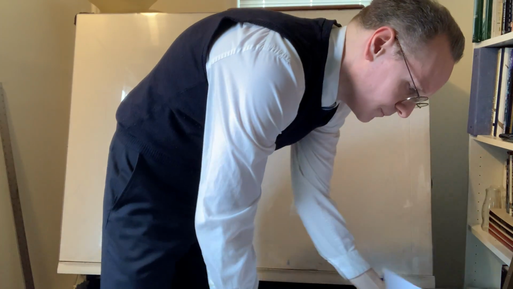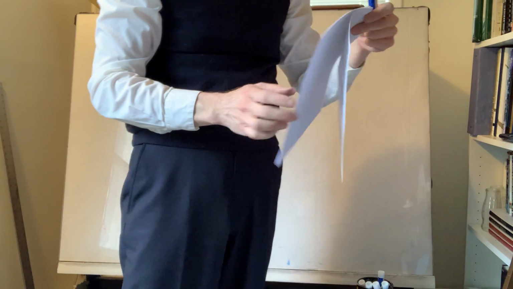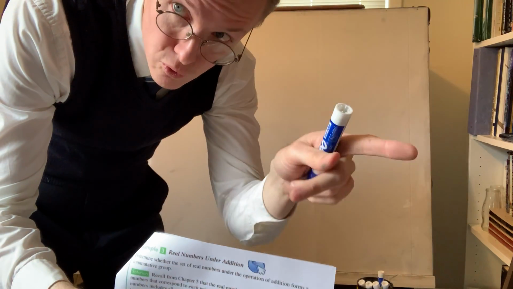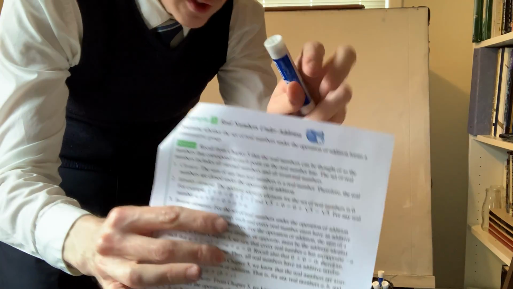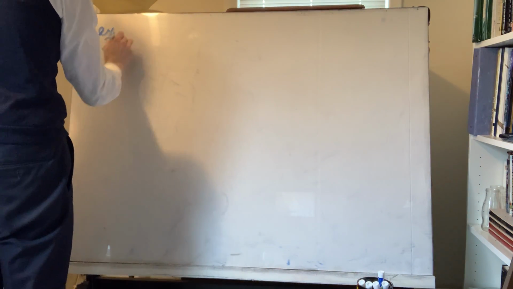Example 3. The only difference between examples 1 and 2 and number 3 is that number 3 asks you to go the whole 9 yards, which is to check if something is commutative. So far we've only had the standard group criteria, not the extra criterion. So example 3, I'm just going to rephrase it.